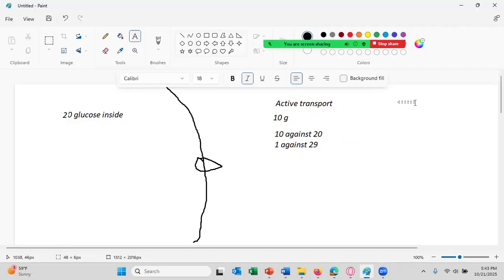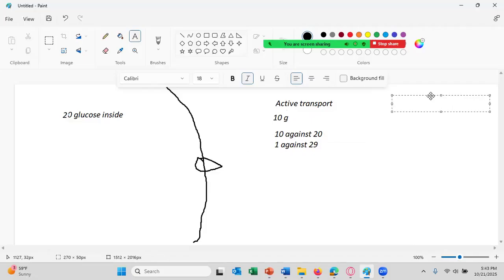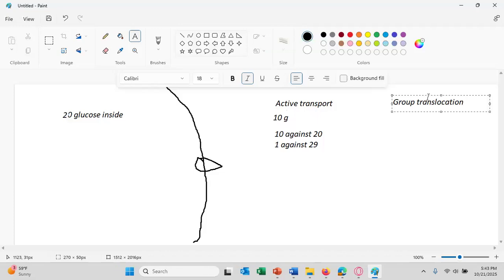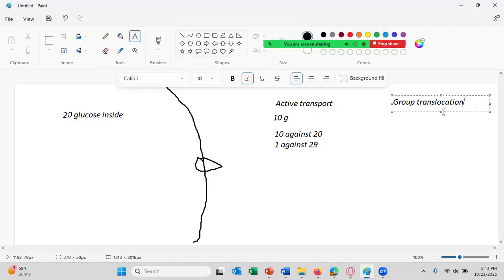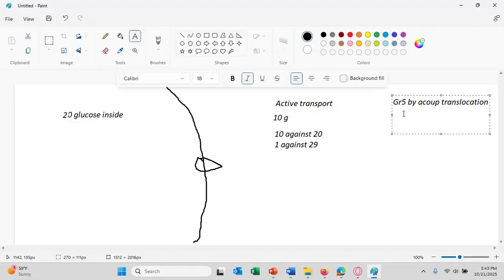With group translocation, let me move that up a little. Let's say we move 5 by active transport.